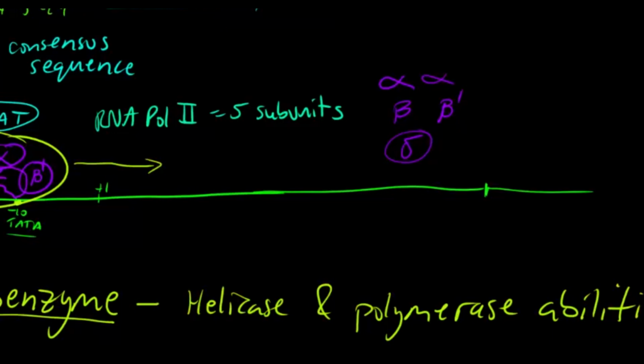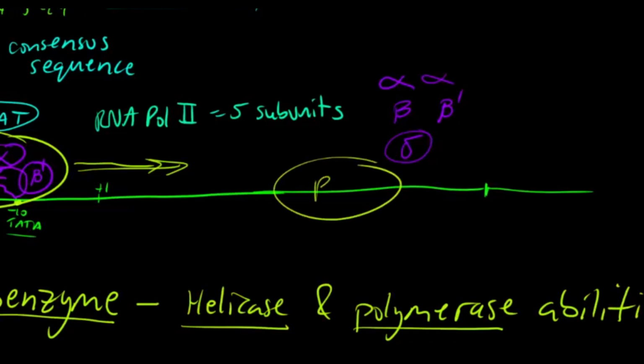Sorry, the pen's squeaky. I don't know if you heard that. Helicase means that as it's transcribing, as it's going through and elongating the strand, it's unzipping it and then transcribing an RNA molecule. So as it reads, after a bit of time, the polymerase 2 is going to be here, and this red line is going to be our RNA molecule.